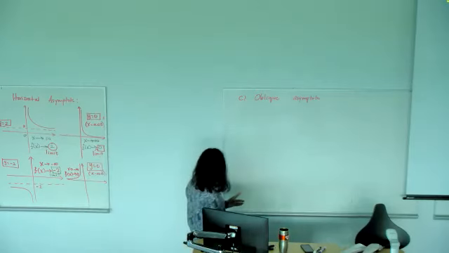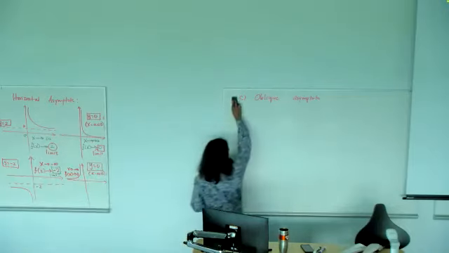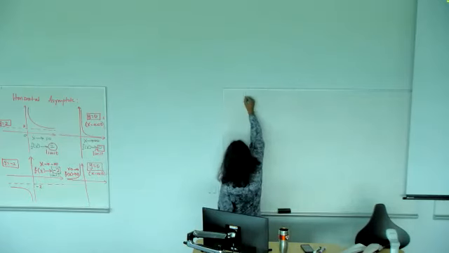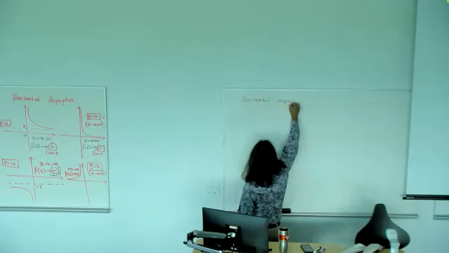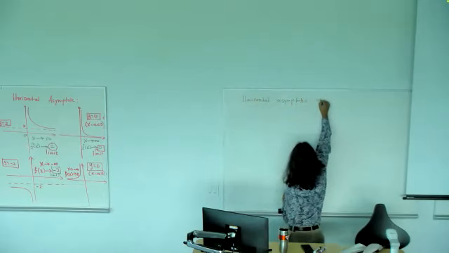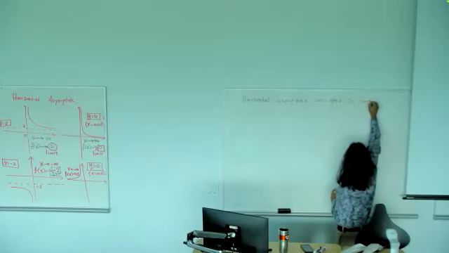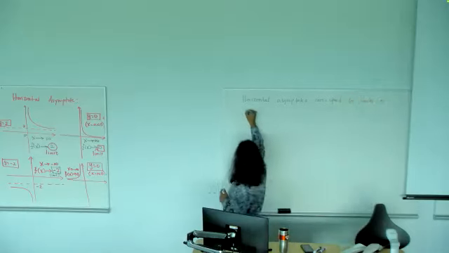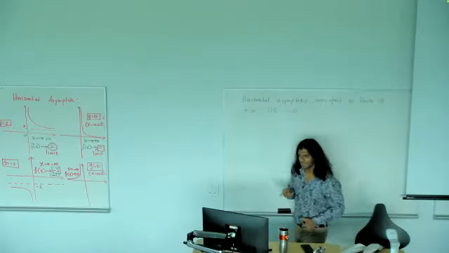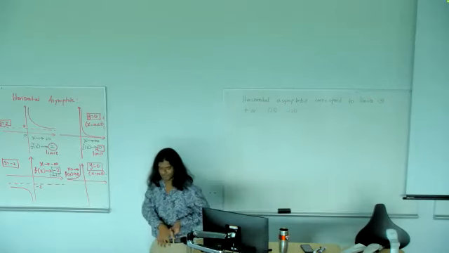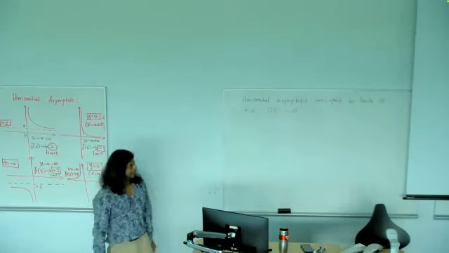So, what do horizontal asymptotes give us? Horizontal asymptotes simply give us the limit at positive infinity or negative infinity.